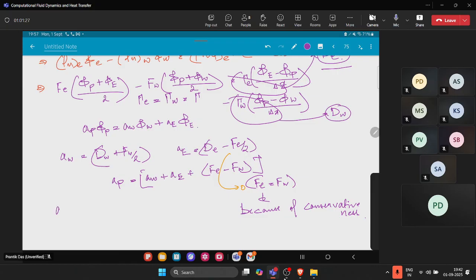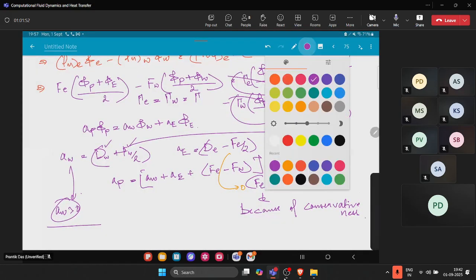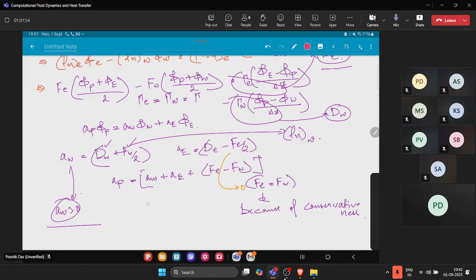Since DW is positive, because gamma is positive and gamma by delta x itself is positive, and FW is rho u at W, and since the flow is happening from west to east the flux itself is positive also, that's why this AW term is by default positive. But the AE term is not by default positive. There is a certain condition that should be maintained in order to make it positive.